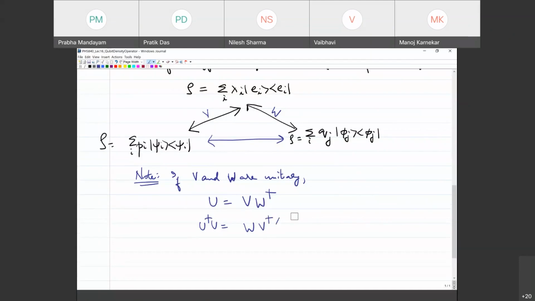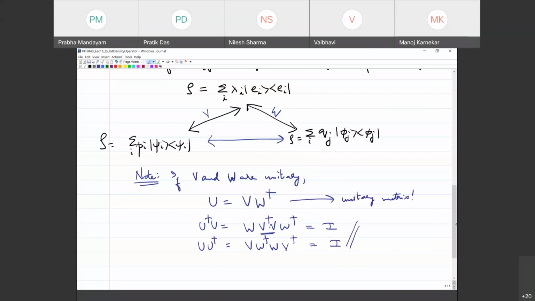Since these are both unitary, this is identity. And if I have U dagger, then that's also V W dagger, and the dagger again interchanges the order. So I have W V dagger, and of course this is identity. So this is indeed a unitary matrix.